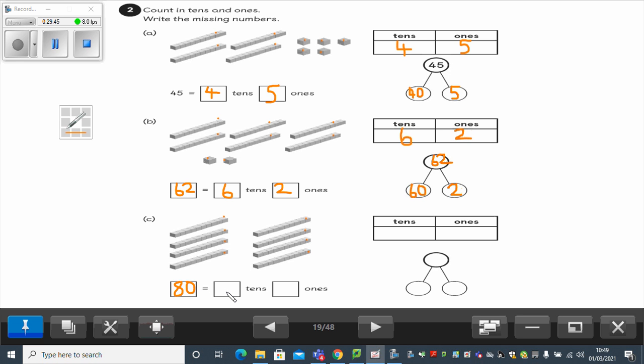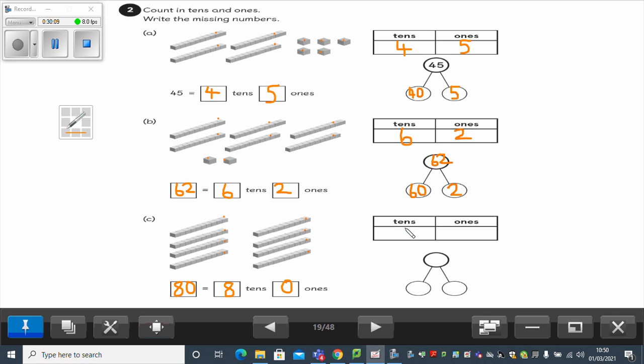So let's now count how many 10 rods we have. 1, 2, 3, 4, 5, 6, 7, 8. So we have 8 tens. How many ones? We have 0 ones. So 80 is 8 tens and 0 ones.